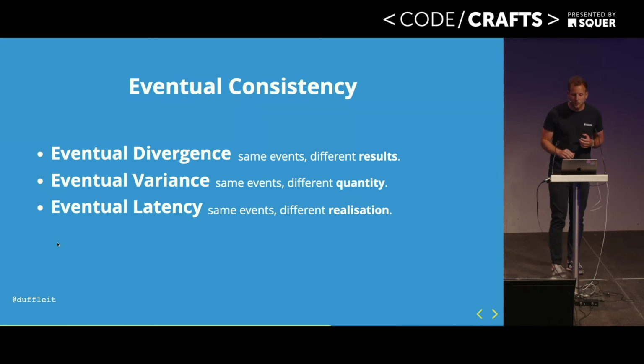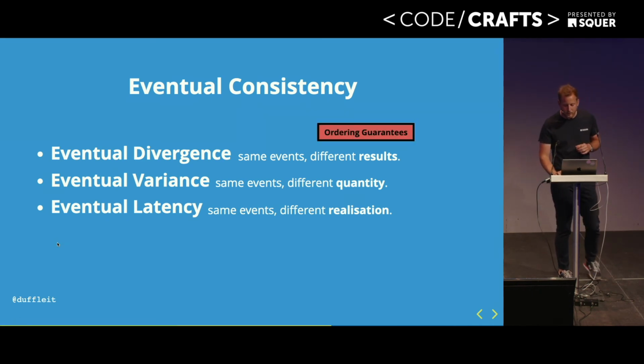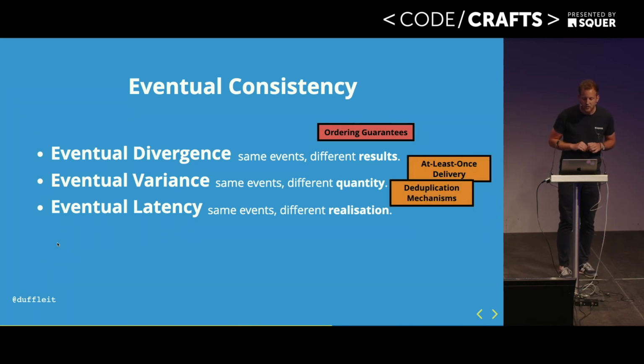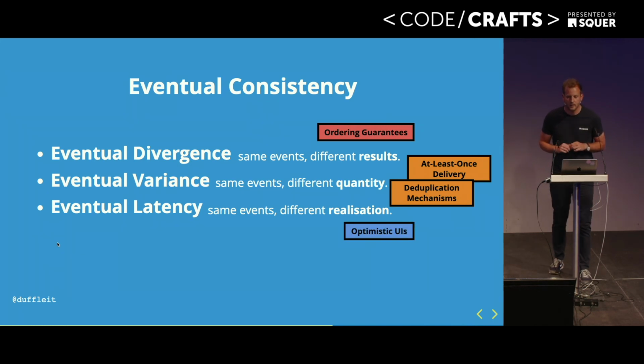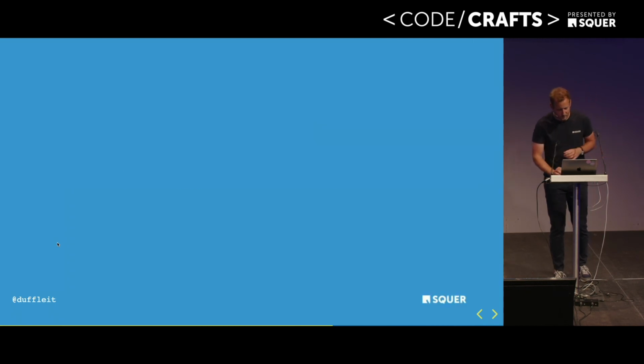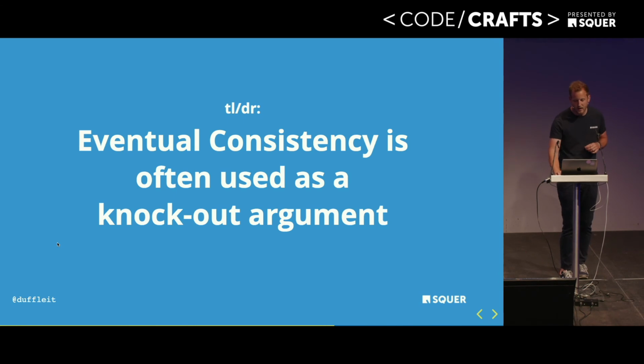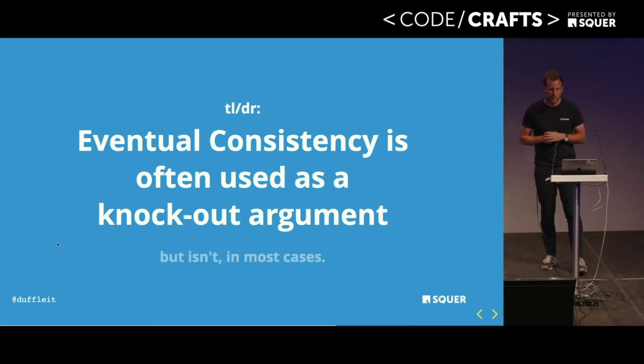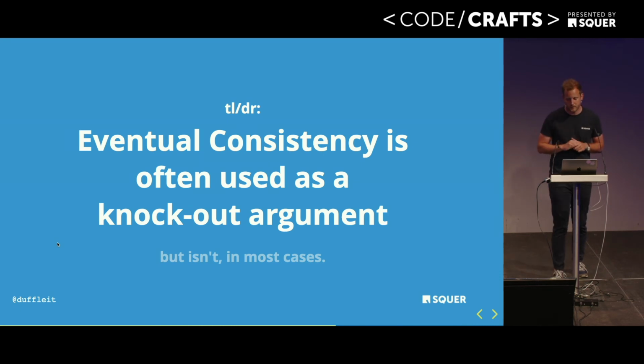And we solve them usually by ordering guarantees, by at-least-once deliveries and deduplication mechanisms, and by optimistic UIs. So, eventual consistency is often used as a knockout argument, but isn't in most cases. We usually can overcome those problems which we have with eventual consistency, right?